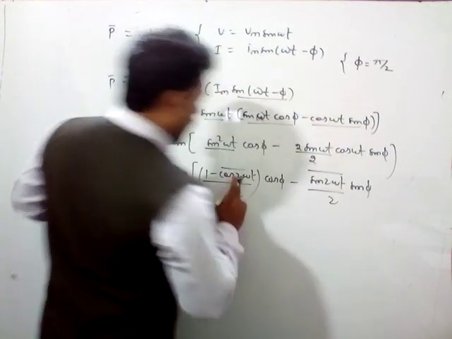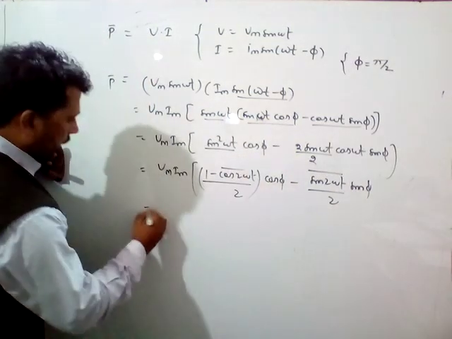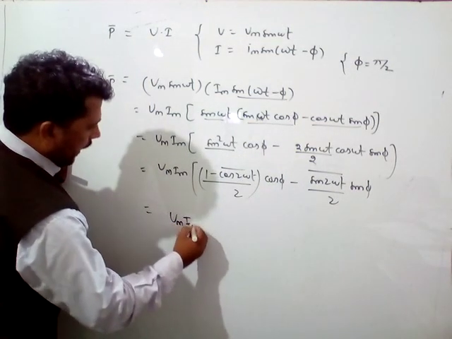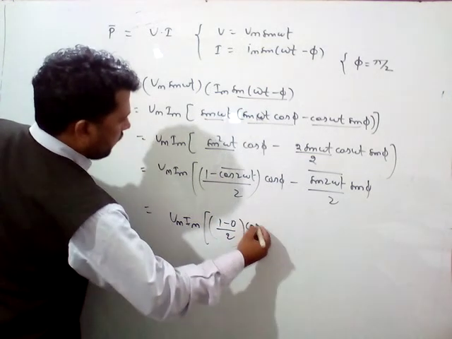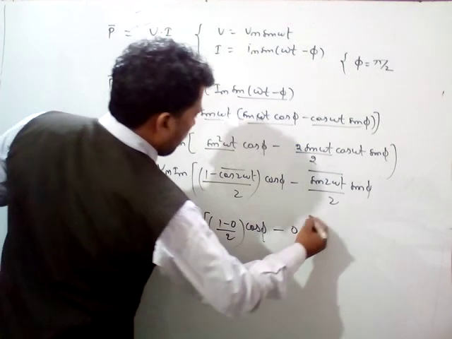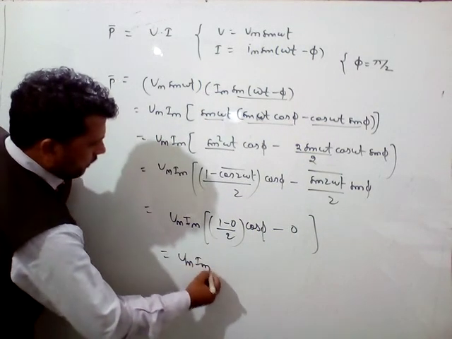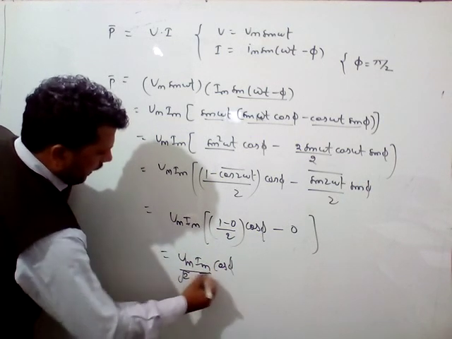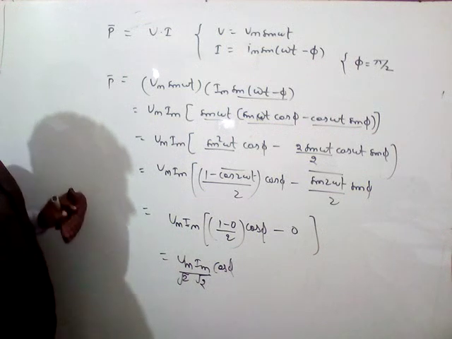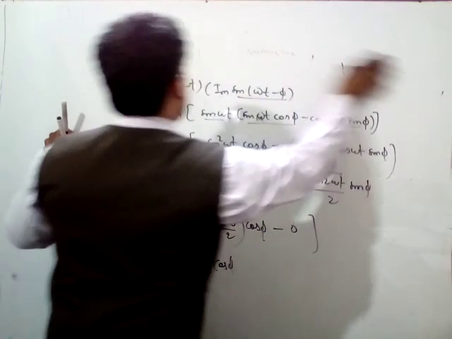So the average value of cos 2 omega t and sin 2 omega t is 0. So we can also write this Vm Im 1 minus 0 upon 2 cos phi minus 0. So it is equal to Vm Im cos phi upon 2, and 2 can be written as root 2 times root 2.